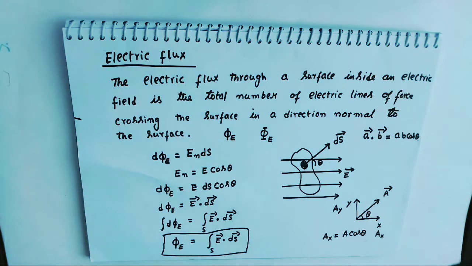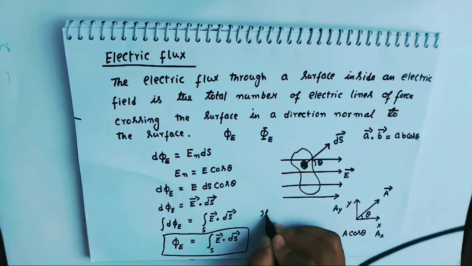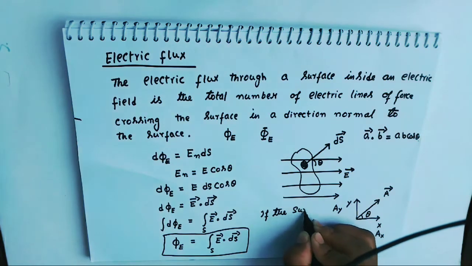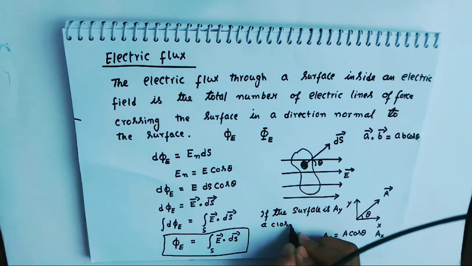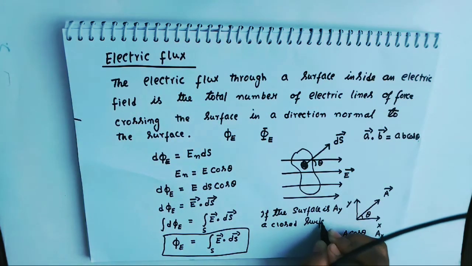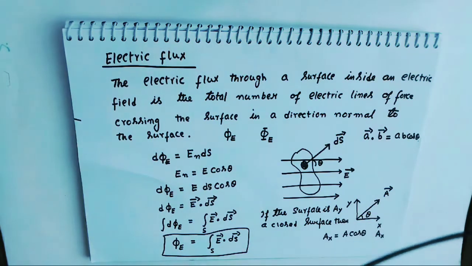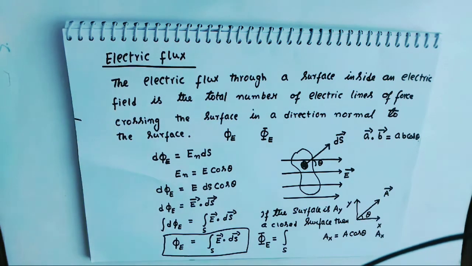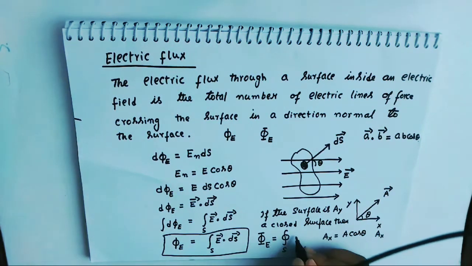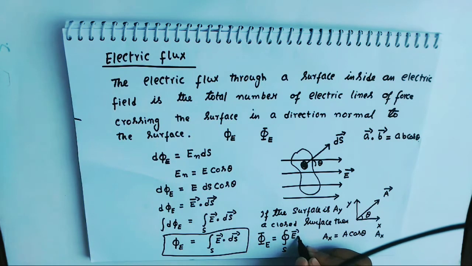Now, if the surface is a closed surface, then in such case we can write phi E is equal to the closed surface integral of E dot ds.